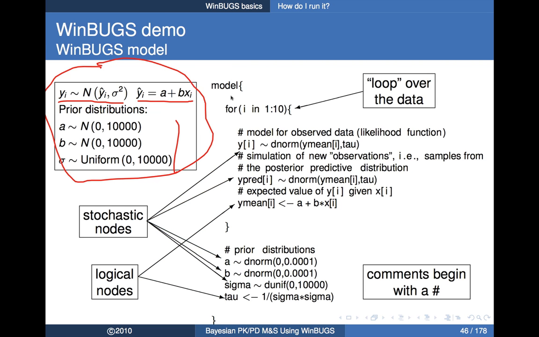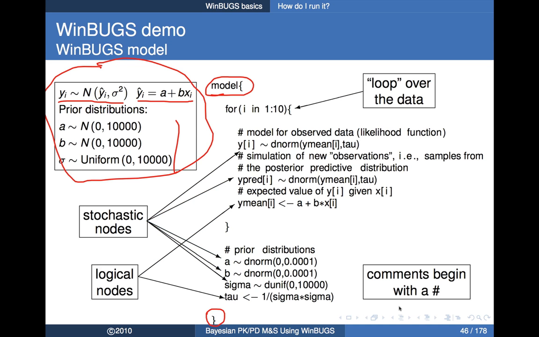Okay, first of all, BUGS models are enclosed within a model block. So you have the word model and then an open brace here, and at the end of the model there's a brace to close it out. Then we've got various things going on inside. Let me just get some out of the way here.